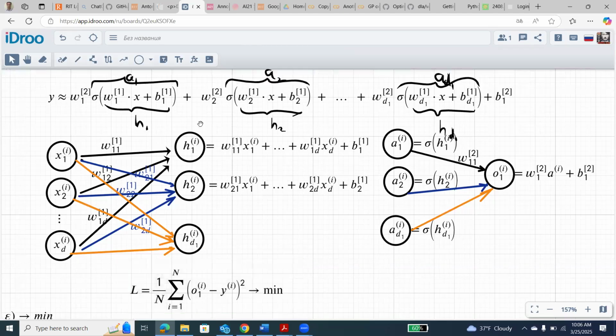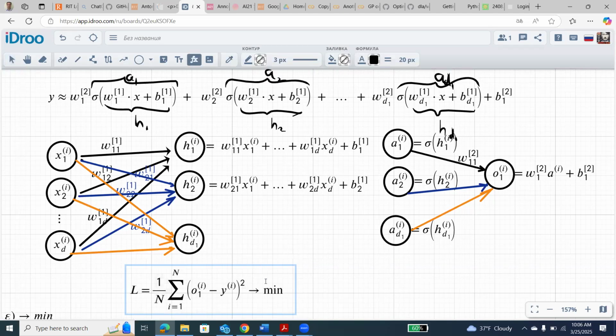And now I want you to think about minimizing with respect to which parameters. What we want to learn from this model, which parameters we want to tune.